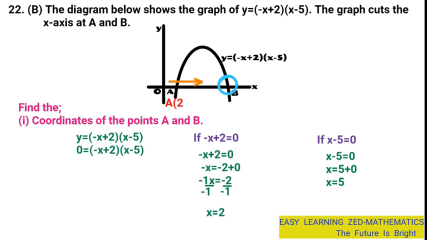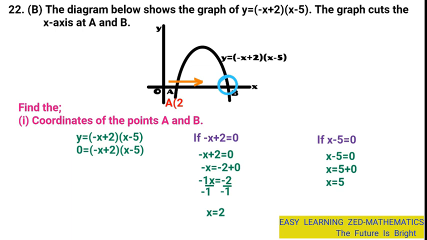A, open bracket, 2, comma, what? We said the graph is meeting the x-axis where y is equal to 0. So the value of y when the graph meets the x-axis is 0.